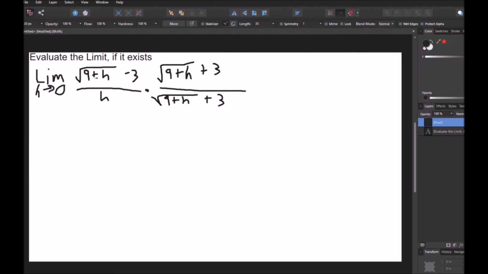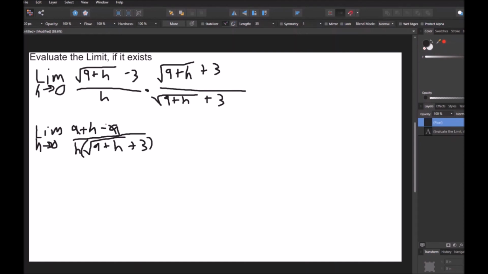When we go to multiply this, the square root of 9 plus h times the square root of 9 plus h, the square root is going to cancel out, and we're just going to be left with the limit as h approaches 0 of 9 plus h, and then negative 3 times positive 3 is negative 9, so 9 plus h minus 9, and then we're going to have h times the square root of 9 plus h plus 3.